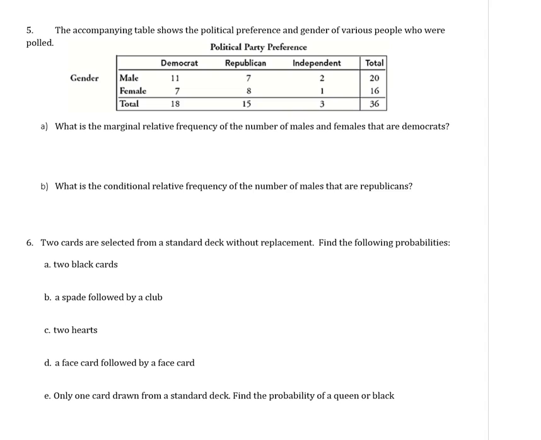Okay, so we've got males, females, and political party preference. What is the marginal relative frequency of the number of males and females that are Democrats? So we're looking for an answer from the margins. The probability of a male, looks like I have 20 males out of a total of 36 people.